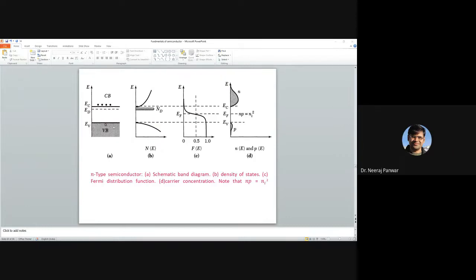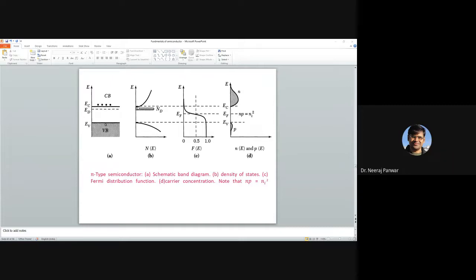So this is the diagram for N-type semiconductor, in which we have the donor levels shown by Ed. We have conduction band, valence band. There are several electrons in the conduction band.